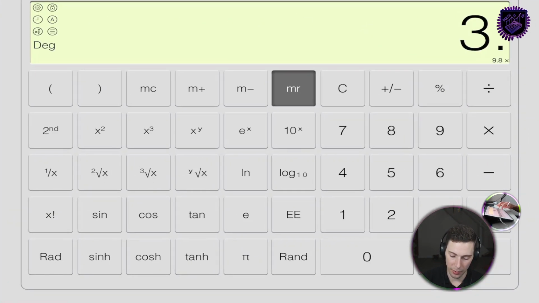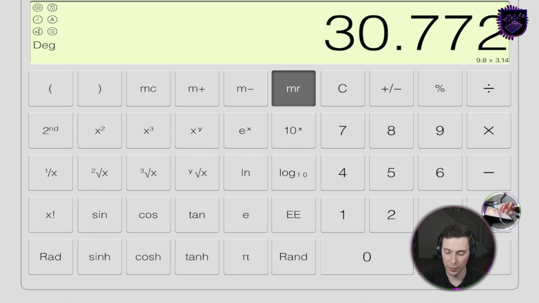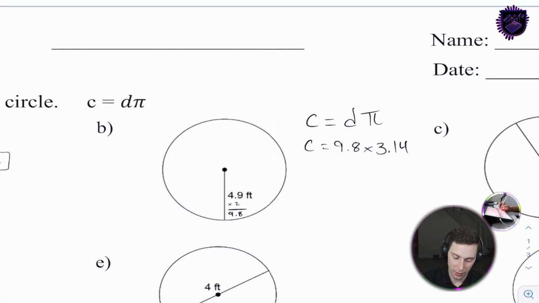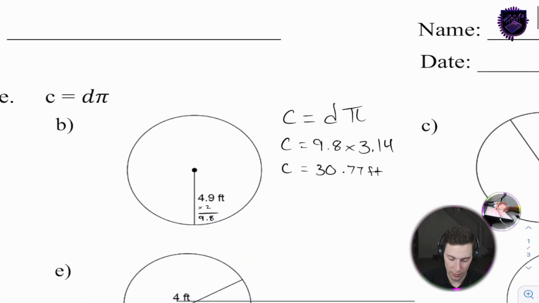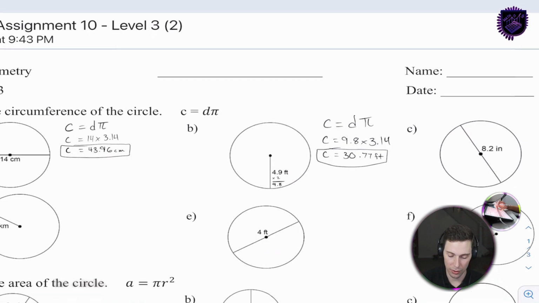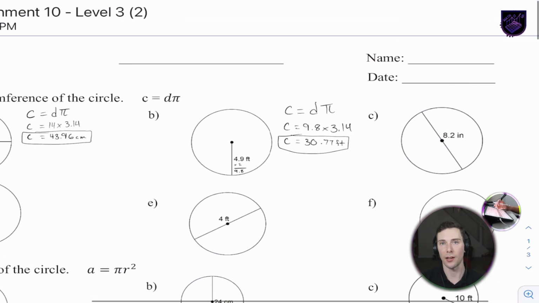That is equal to 30.77. Circumference is equal to 30.77 feet. And I will box my answer to show where it is. It's always a good habit to have.